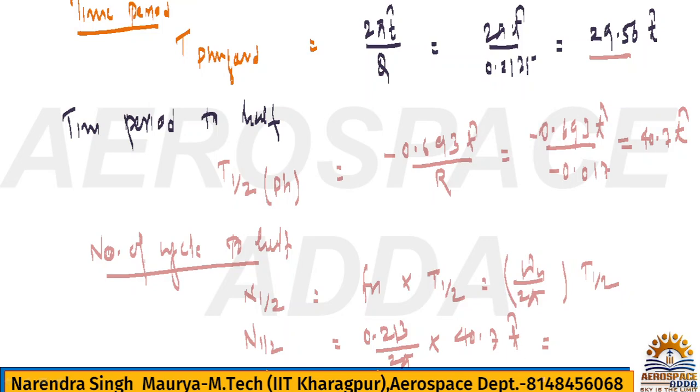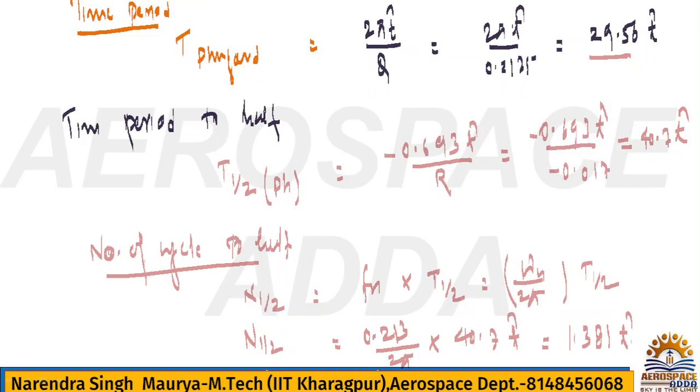If you solve this, the number of cycles to half for the phugoid motion is approximately 1.381 t cap.